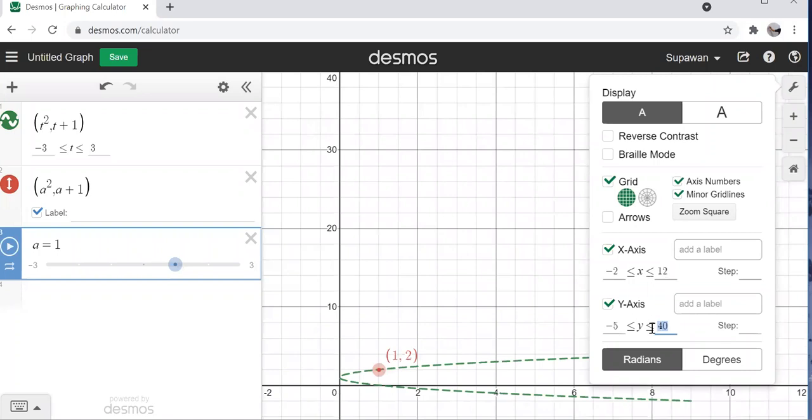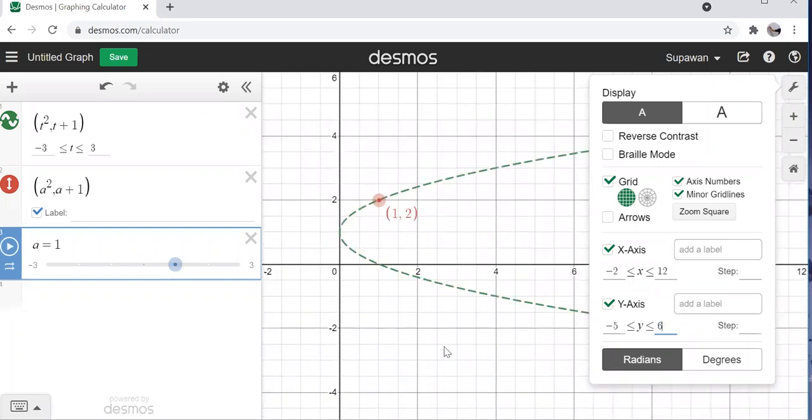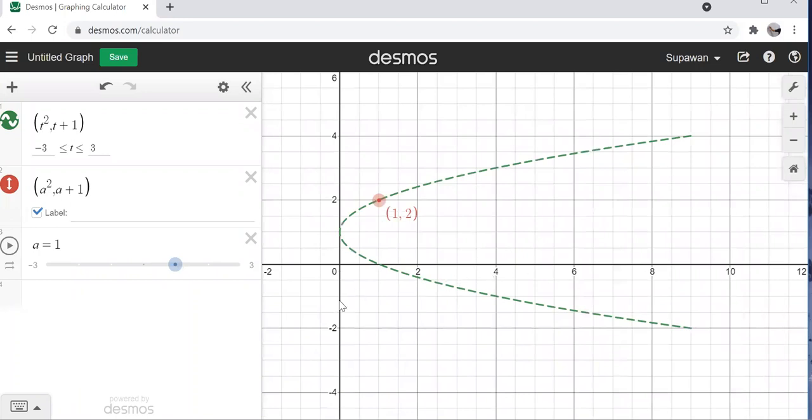The y max is positive 4, so I'll put 6, just to see the entire graph. We see the parabola opens sideways, to the right. As you play the animation, you can see the trajectory starting from the lower right corner and going along in the clockwise orientation.